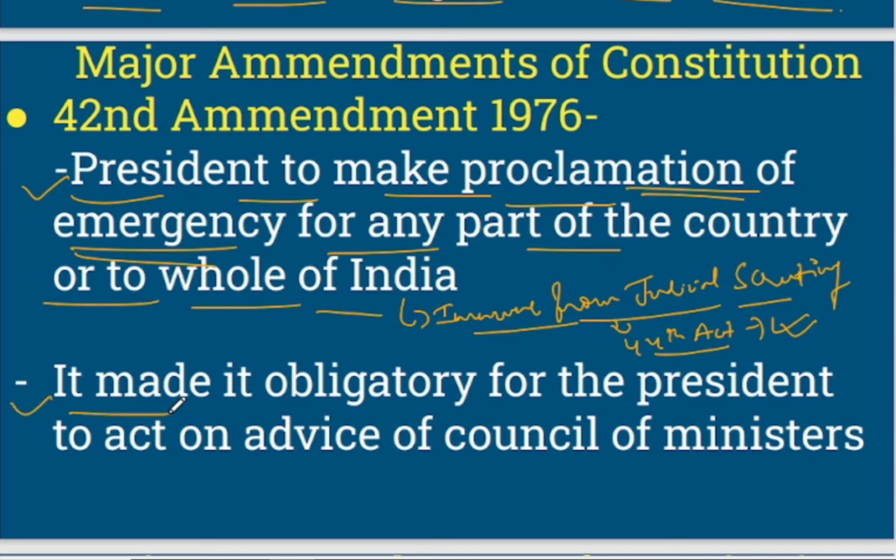Then this act made it obligatory for the president to act on the advice of the Council of Ministers, in case of proclamation of emergency. In the very first instance it was obligatory for the president to act, but in the 44th Amendment Act we will see that the president can send the proposal back to the Council of Ministers for reconsideration. And if after reconsideration the Council of Ministers stays with the same decision, then this time the president will have to act.